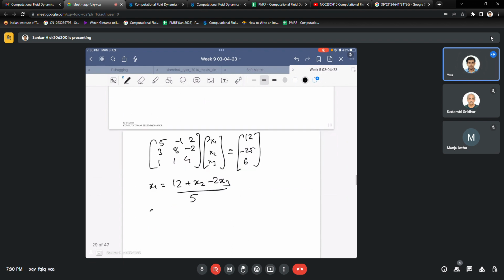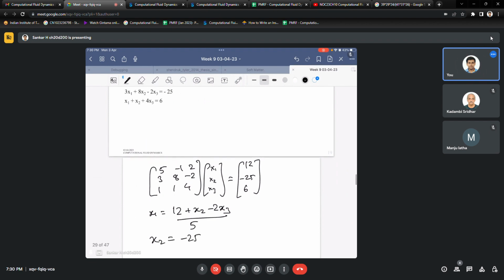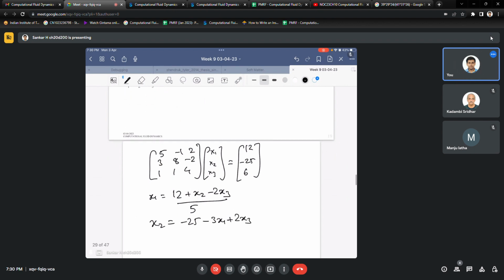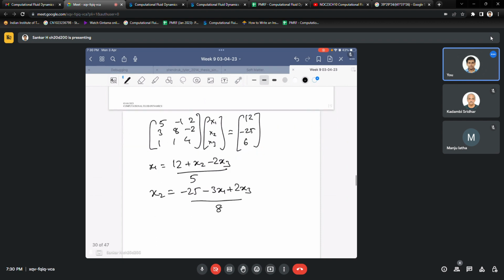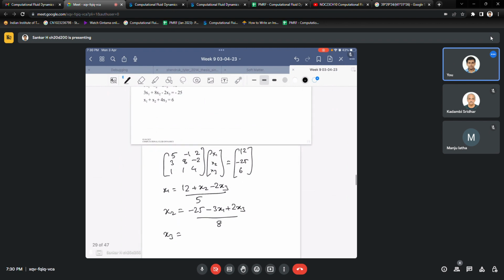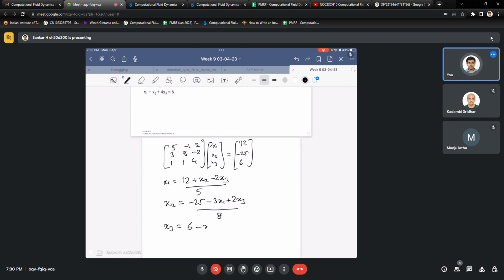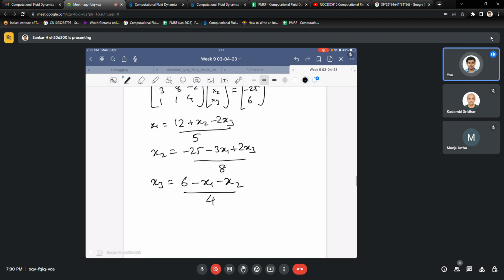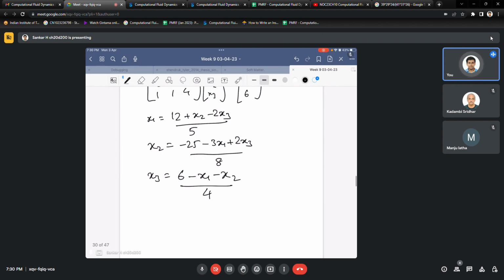We can write x2 as minus 25 minus 3x1 plus 2x3 divided by 8. x3 to be equal to 6 minus x1 minus x2 divided by 4.